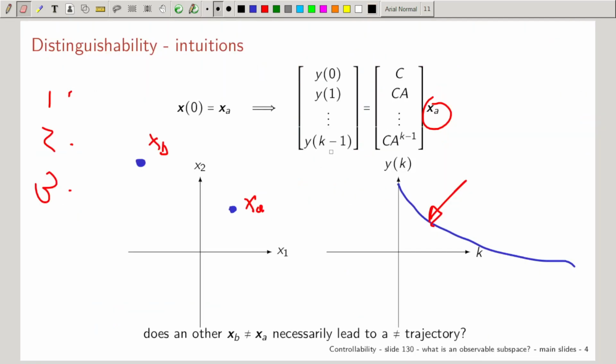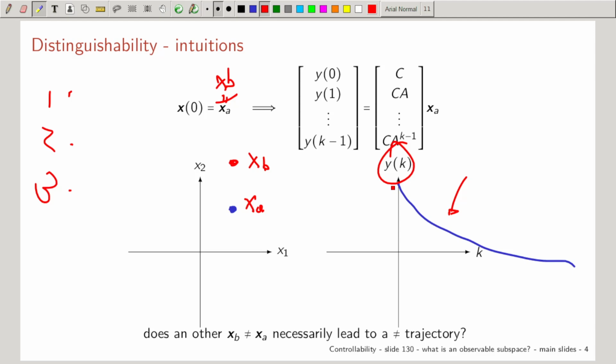Let's go back here. We have x_A and x_B that are different, true? Actually, it's something like this in this case. That are different, and they produce the same trajectory on y. You, as a user, do you see x or do you see y? What do you see, people?